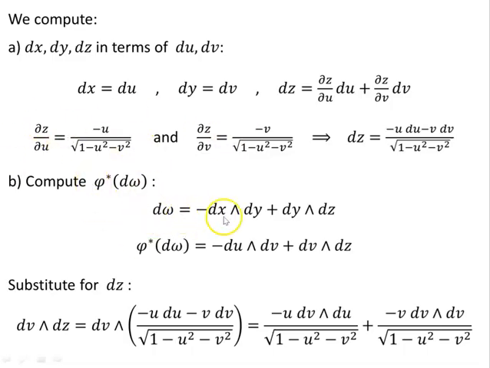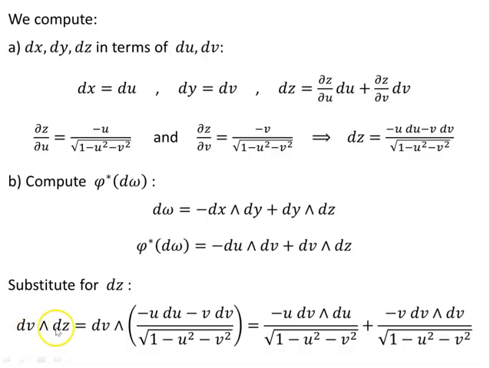Then, repeating d omega and substituting, the pullback of d omega under phi is minus du wedge dv, just substitute straight here, plus dv, since dy was just dv, wedged with dz, and dz is that, so substitute for dz.